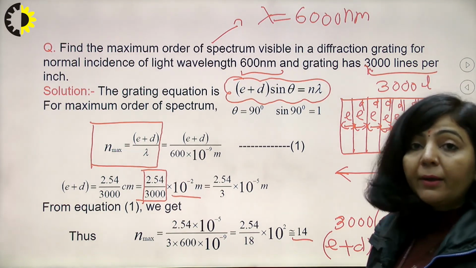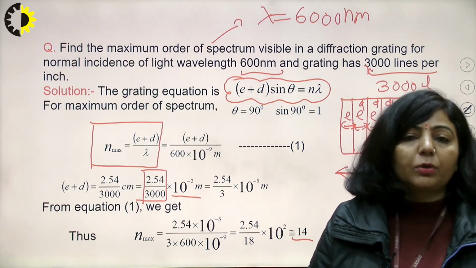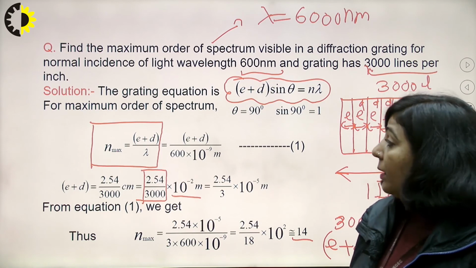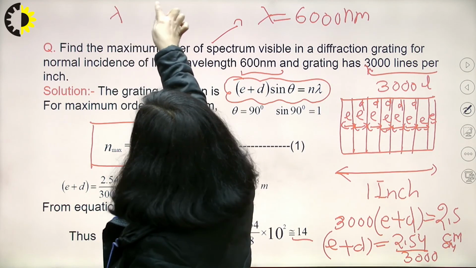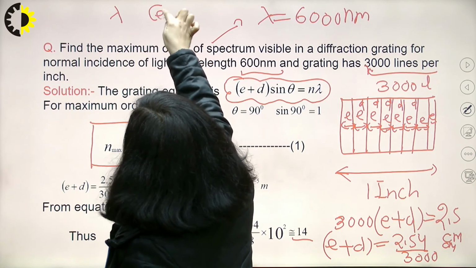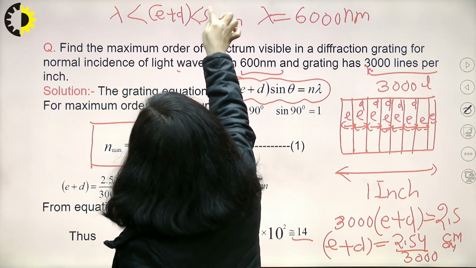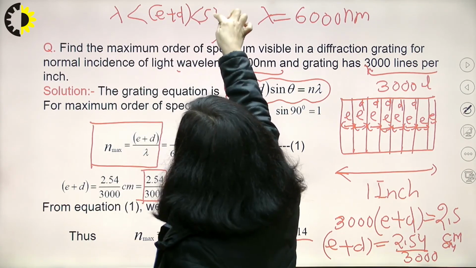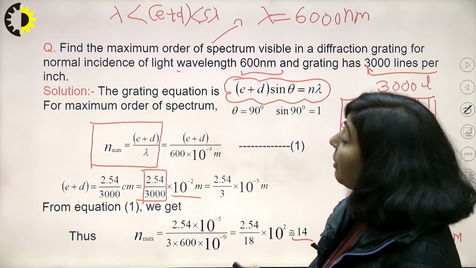Depending upon the maximum possible order and the missing orders, you can solve different numericals. Suppose you have a grating in which the grating element, that is E plus D, lies between lambda and 5 lambda, and you have to calculate the maximum possible order.